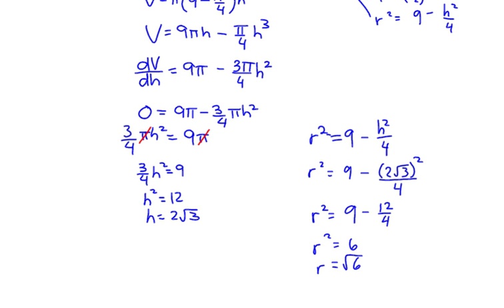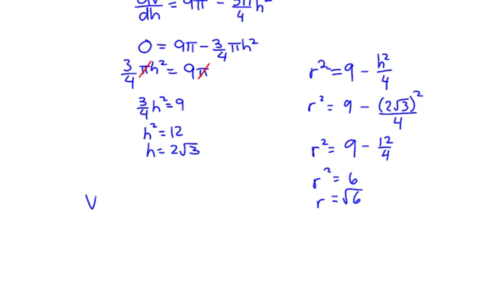And the maximum volume, then? Pi r squared. So r squared, root 6 squared is just 6. And the height is 2 root 3.